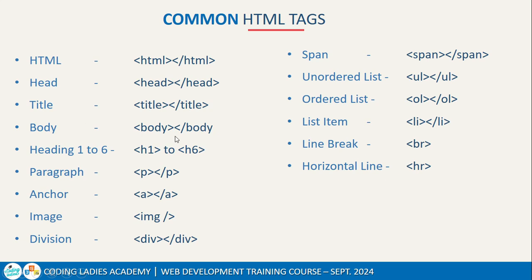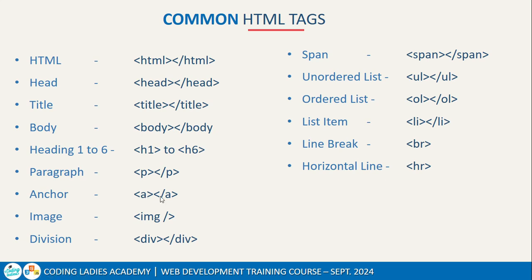The image is a self-closing tag. That's why after the img we have the forward slash and the greater than sign, because you're not going to put anything in between. There's no need for an opening and closing tag.